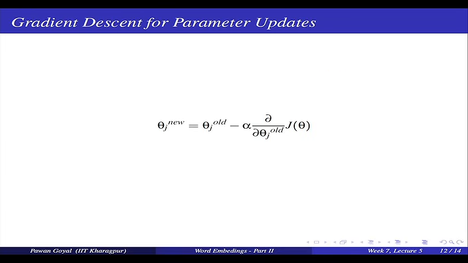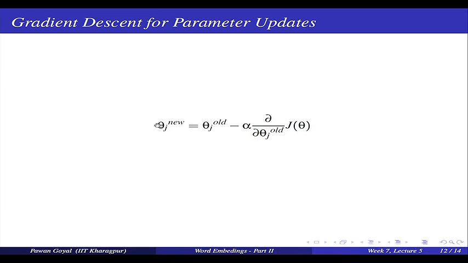And what is the simple gradient descent formula? So you take the derivative with respect to that particular parameter. So theta j new is theta j old minus alpha, where alpha is my learning rate, times the partial derivative of J theta with respect to the parameter, putting in the old values.